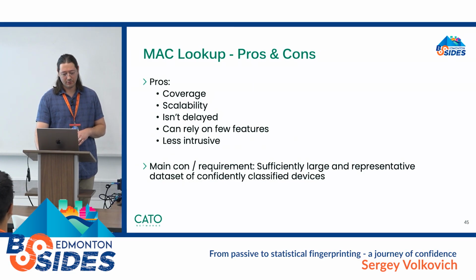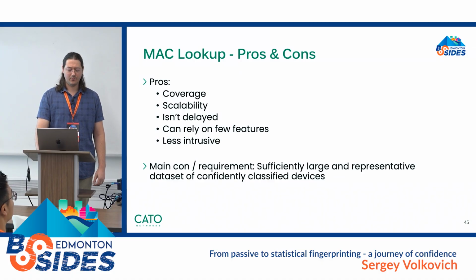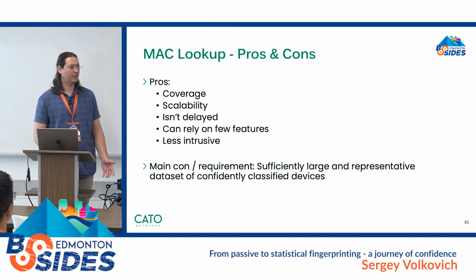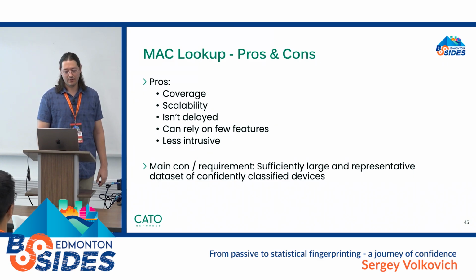What are the pros and cons? First of all, we saw that this helps us increase coverage in cases that are harder for passive fingerprinting. Second of all, we saw how the scalability issue is solved. We can just run this algorithm. We don't have to do anything. There's an Airflow DAG that runs periodically, and the system keeps improving. It isn't delayed.